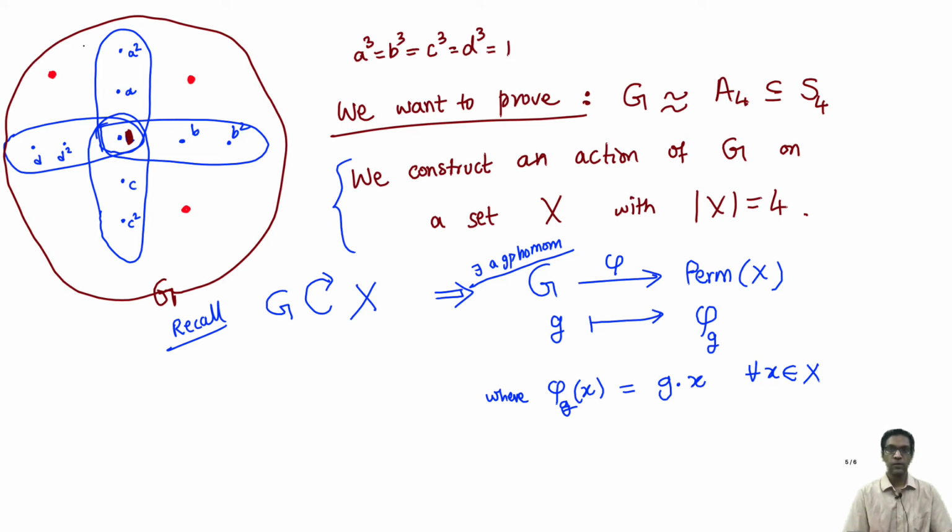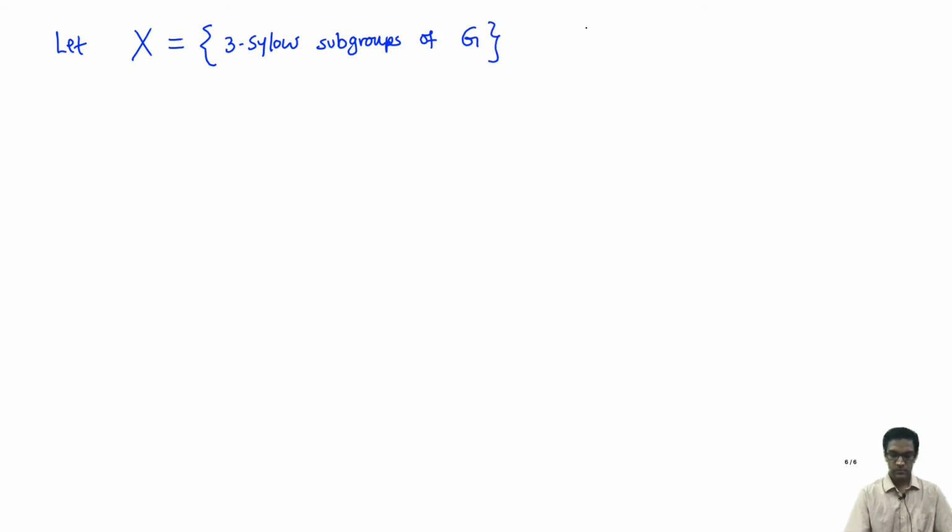Okay, there are 4 Sylow 3-subgroups, and this 4 element set is what I need to take. So let's make that precise. Define X as follows: X be the set of 3 Sylow subgroups of G. So I know there are exactly 4 of them.